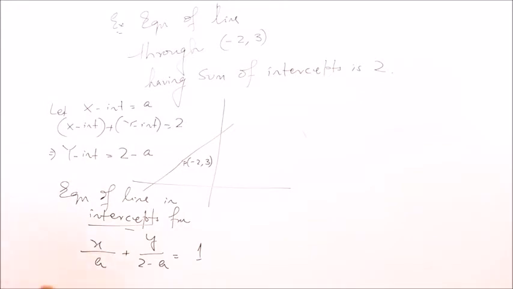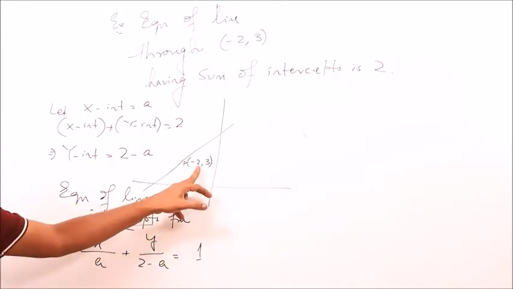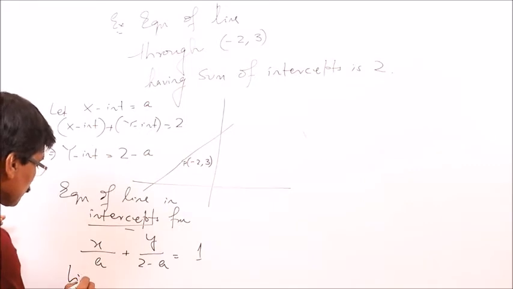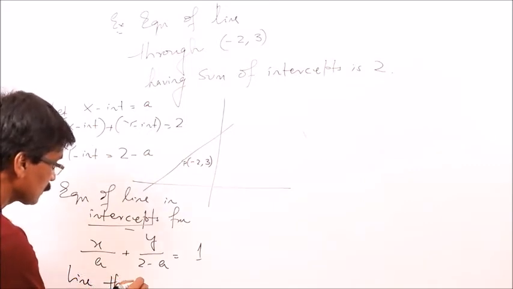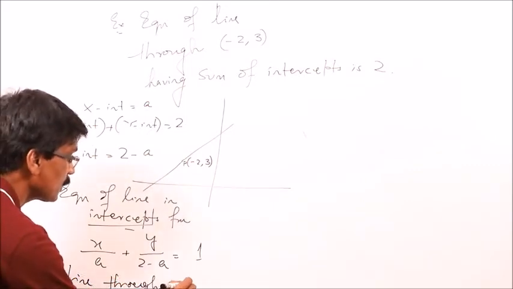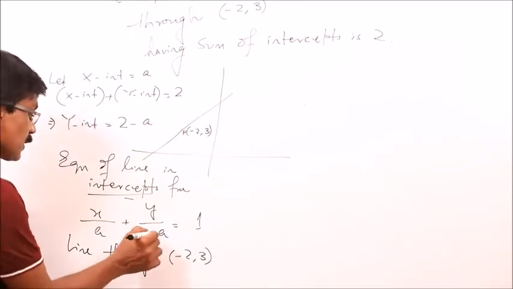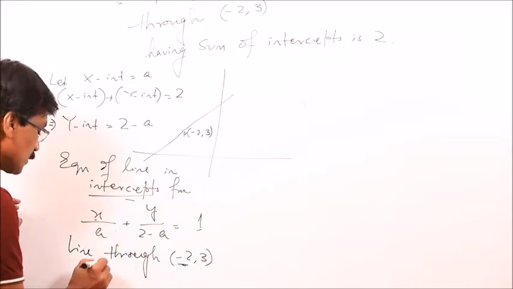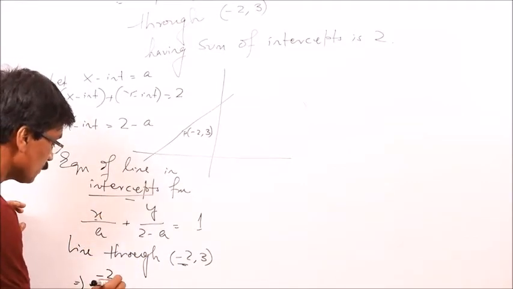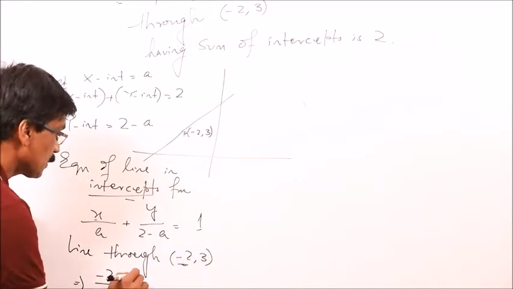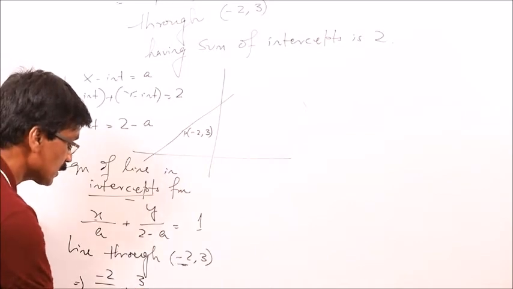To find a, as the line passes through (minus 2, 3), put the values in place of x and y: minus 2/a plus 3/(2 minus a) is equal to 1.